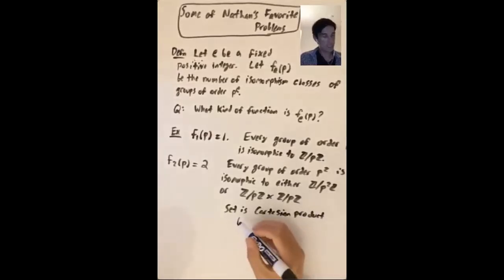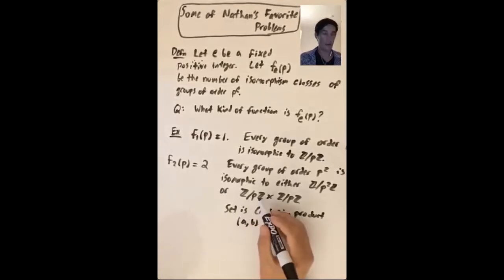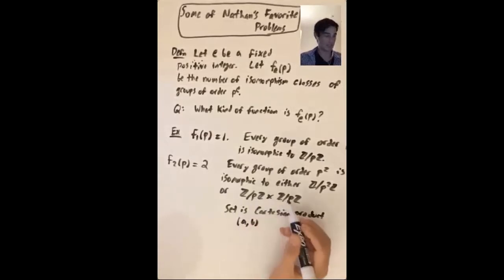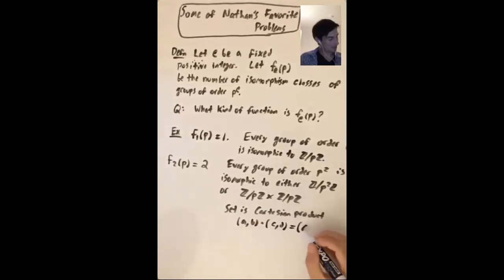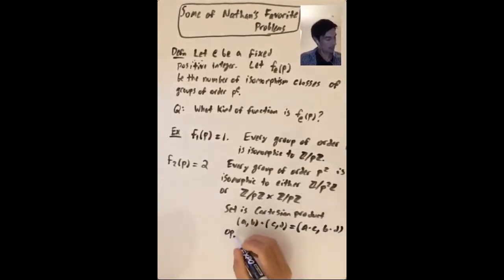And what is the operation here? Well, if you take a pair a comma b, where now a is in your first group, b is in your second group, and you do the operation to c comma d, this is just a dot c comma b dot d. So the operation is done component-wise.